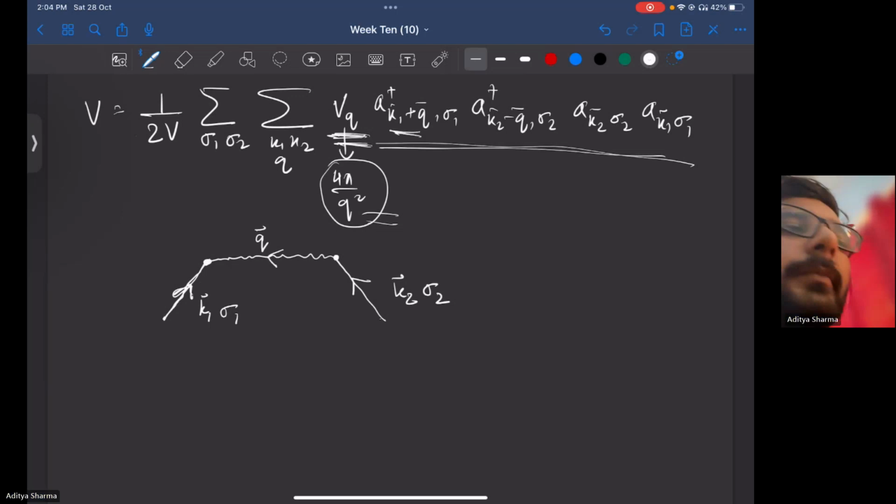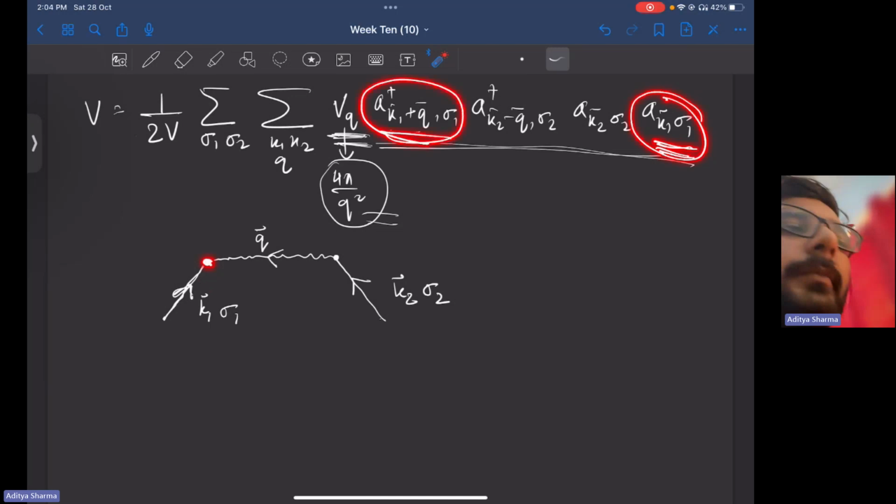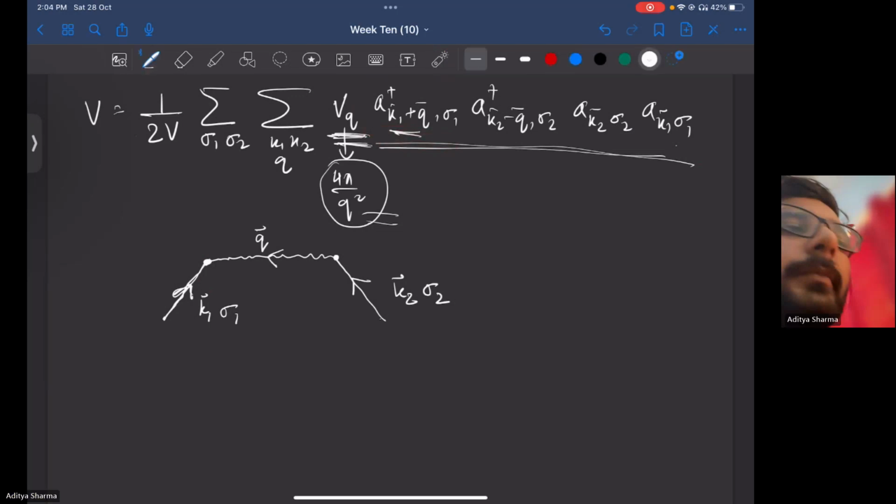Thus, a particle which was coming in interacts with the Coulomb potential, and then it gets destroyed, and in its place, a new particle gets created with k1 plus q momentum. That is what this equation is saying. And the spin remains the same in this process because this Coulomb potential doesn't touch the spin at all.